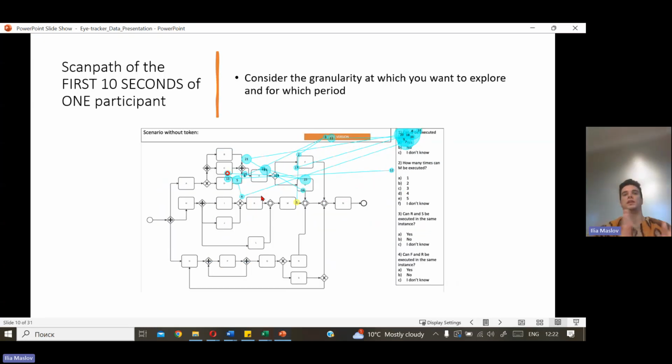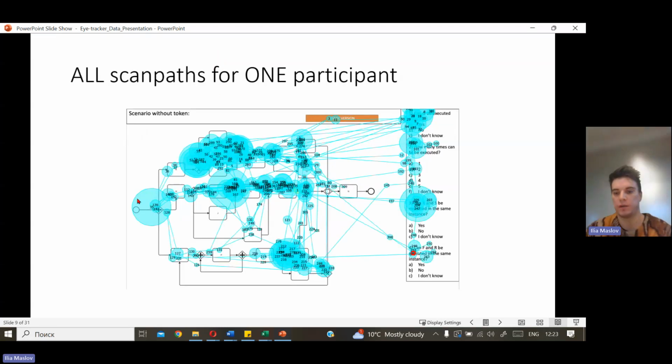And then, for example, you can select the granularity. You can even select a specific snippet of all the data. So for example, in here, you have the first 10 seconds of the first participant in the last model. And then you can immediately see, okay, he's not starting from here. In here, you can see there's something going on.